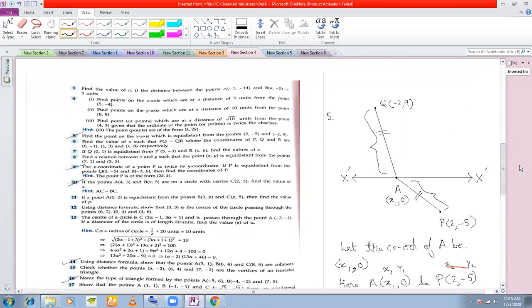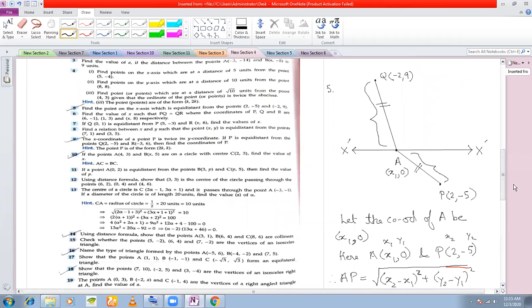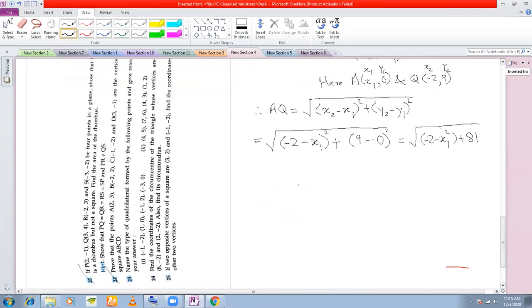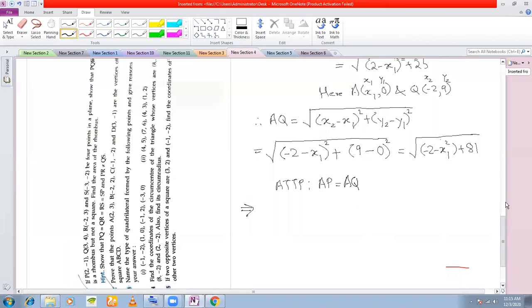So now what is given here? The distance AP and AQ are equal. So therefore we'll use that condition. According to the problem, AP is equal to AQ. Just put the distance AP. What is the distance AP?